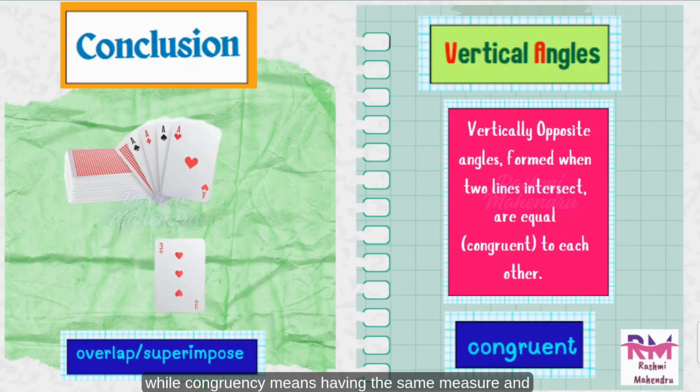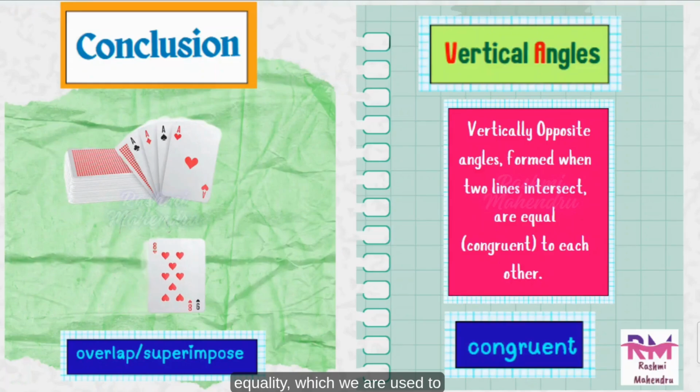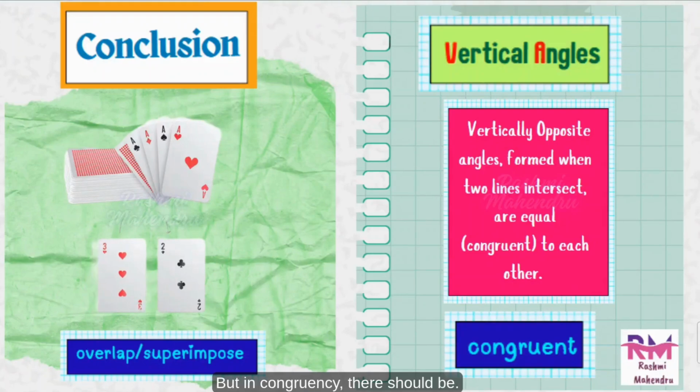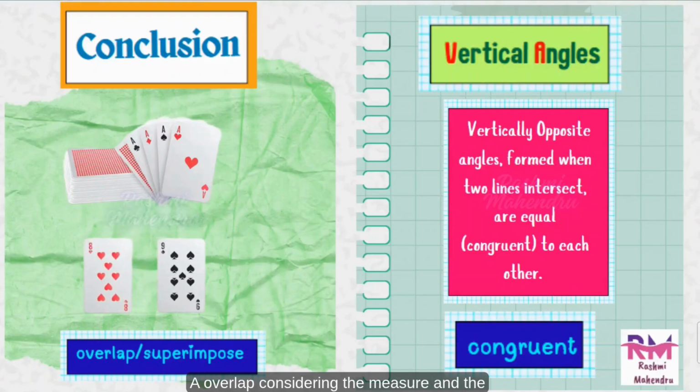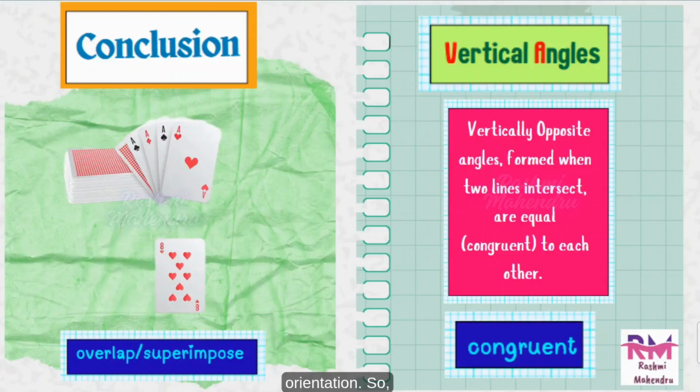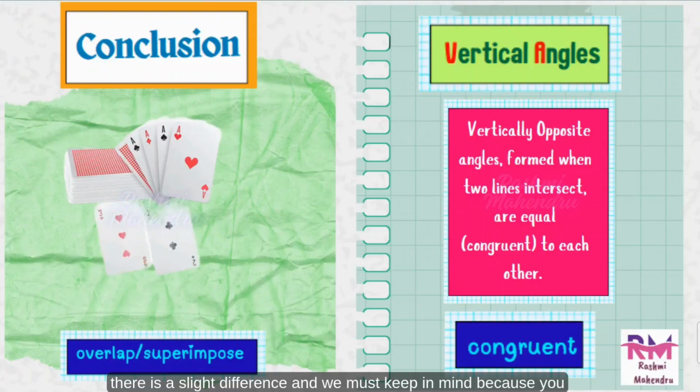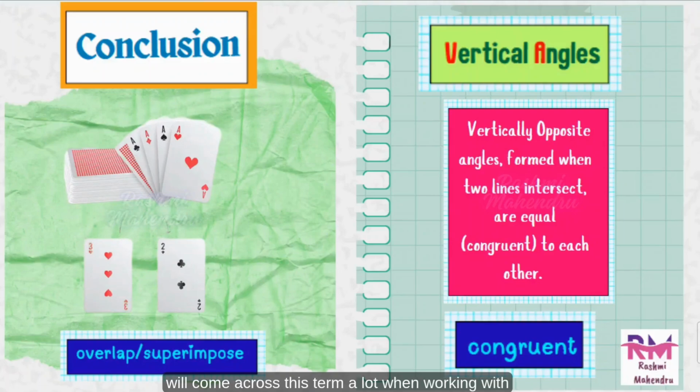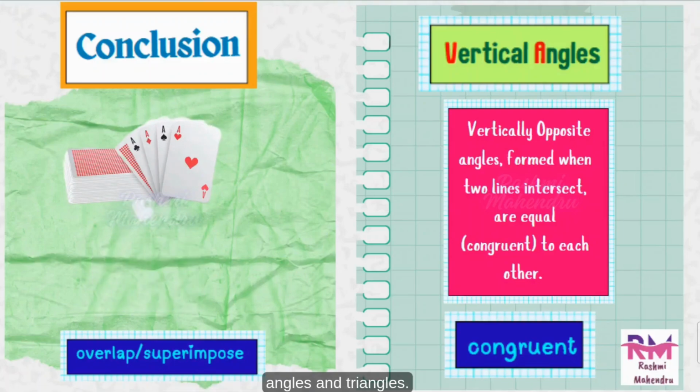So while congruency means having the same measure and orientation, equality, which we are used to mentioning, actually means the measure, but in congruency there should be perfect overlap considering the measure and the orientation. So there is a slight difference and we must keep it in mind, because you will come across this term a lot when working with angles and triangles.